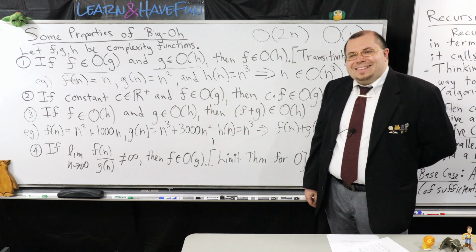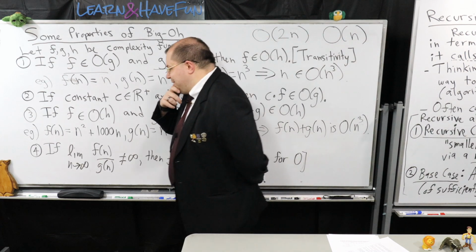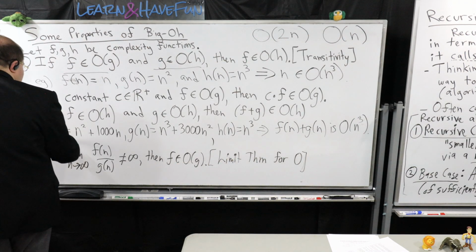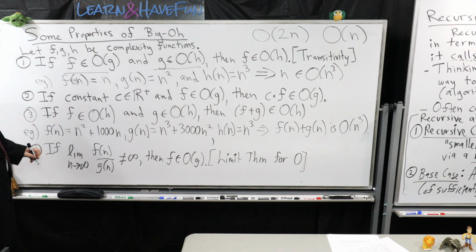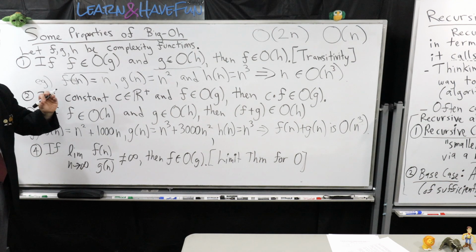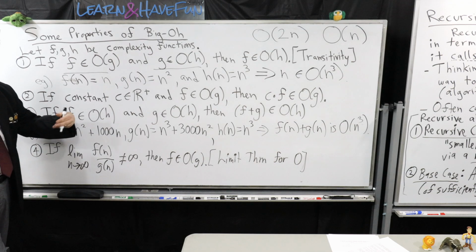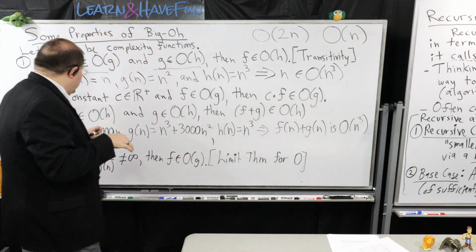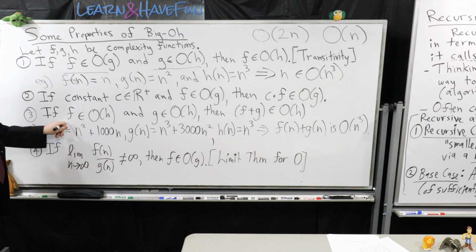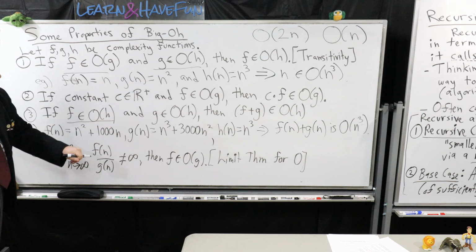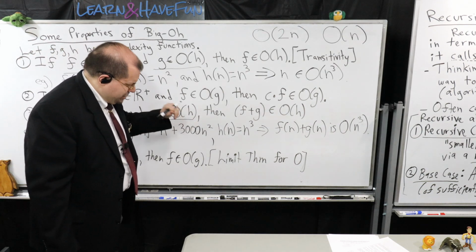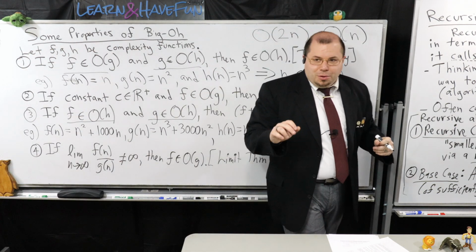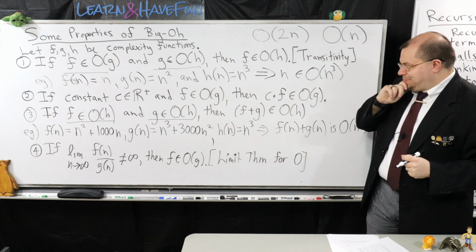So this is the thing that I mentioned: if I give you f and I give you g, what keeps it from happening that the sum of them gets bigger than h? I understand exactly what you mean, though. Notice that it has to be that f is big O of h and g is also big O of h. So remember, both of these have to be satisfied.